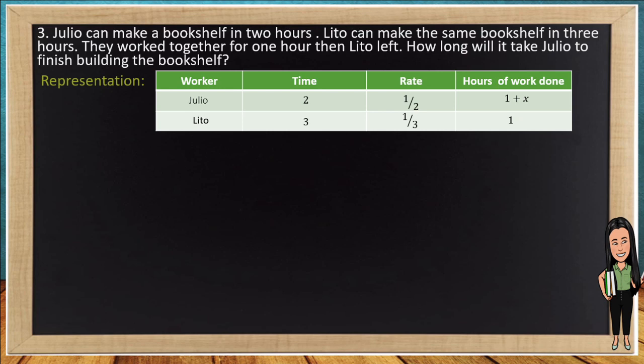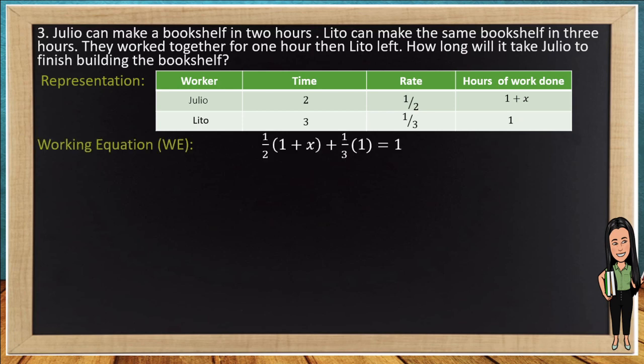Okay. So, ito yung isang pwede nating gamiting working equation. Yung rate kasi ni Julio, pwede nating i-multiply sa hours of work done by Julio, and then we can add it to the rate of Lito multiplied by the hours of work done by Lito, and the result is equal to 1 whole work.